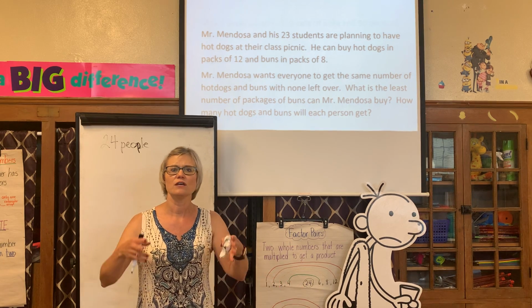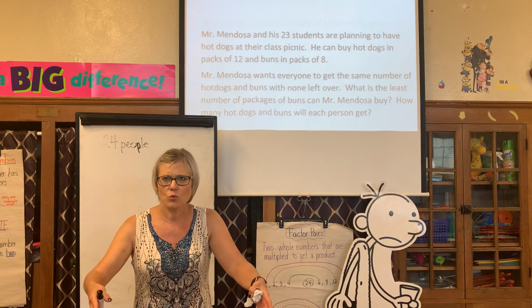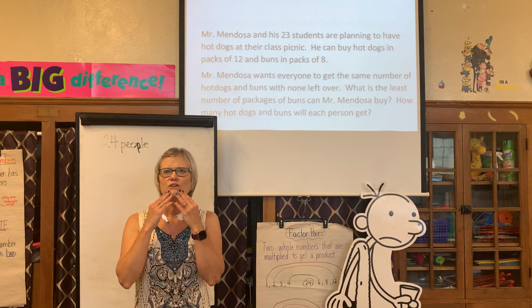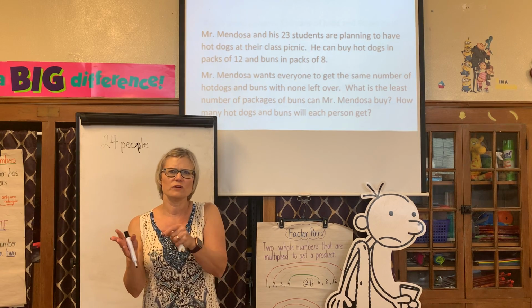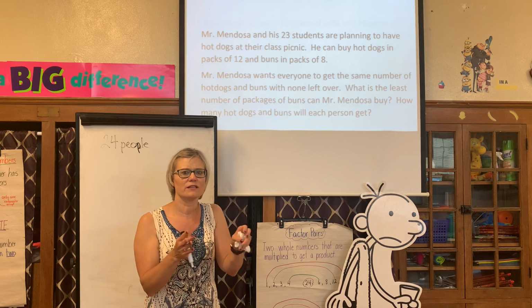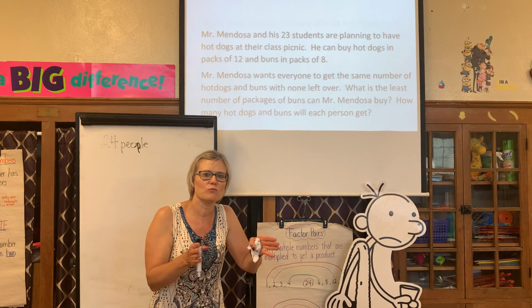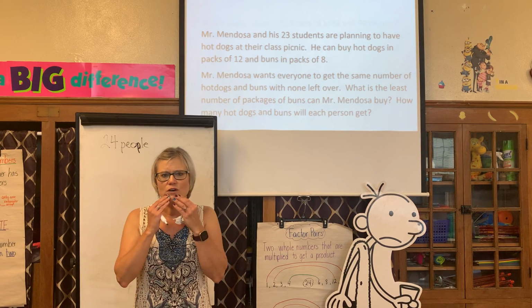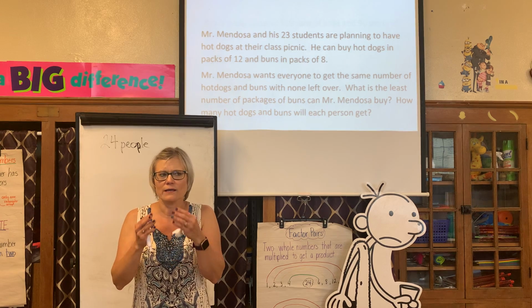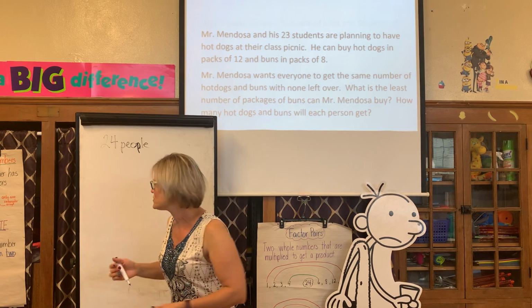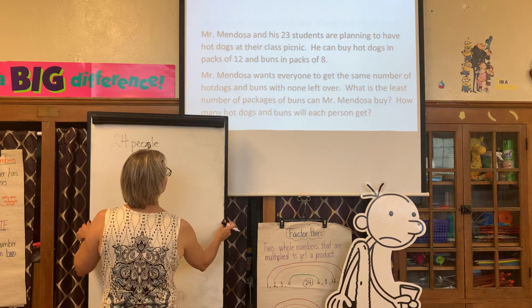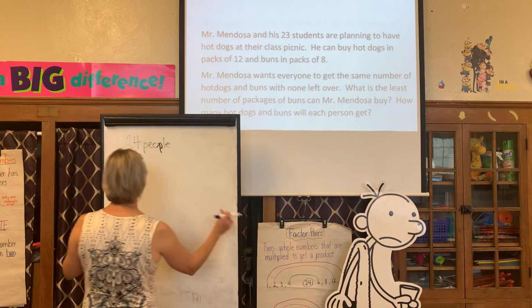That's not going to be enough. So he's going to need to buy more. So when we do factors, we're not necessarily creating greater numbers. So we're going to need to multiply. We're going to need multiples. So we're going to need multiples of 12 and multiples of 8.